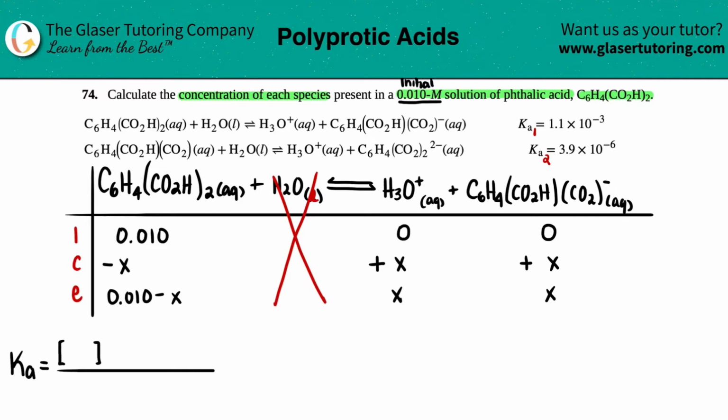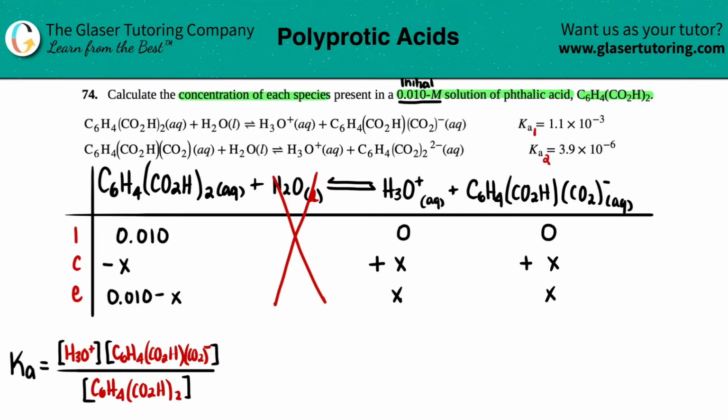So if I just set this up, the Ka would equal H3O plus times that conjugate base on the product side, C6H4(CO2H)(CO2) minus, and then the phthalic acid on the bottom, C6H4(CO2H)2.